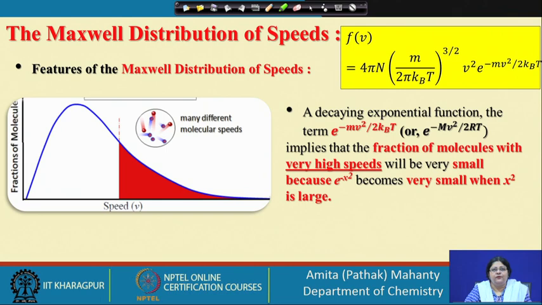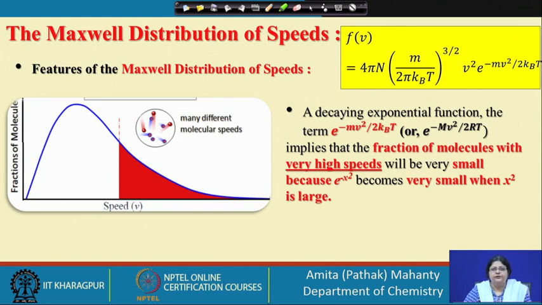When the speed of the molecules is very large, because this is the exponential term with a minus sign, that means it is a decay, and this decay term indicates a fall.